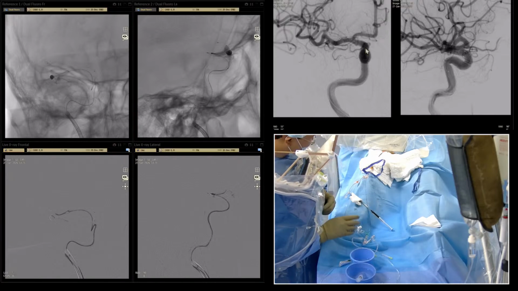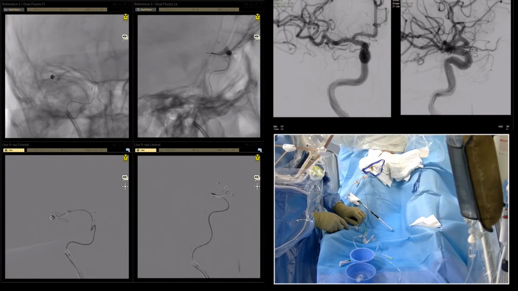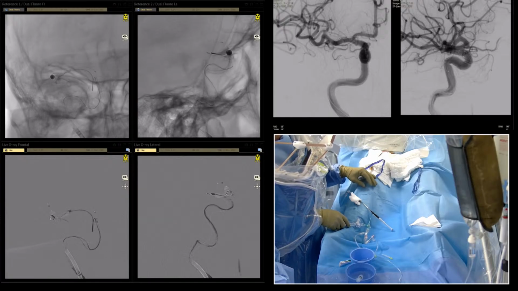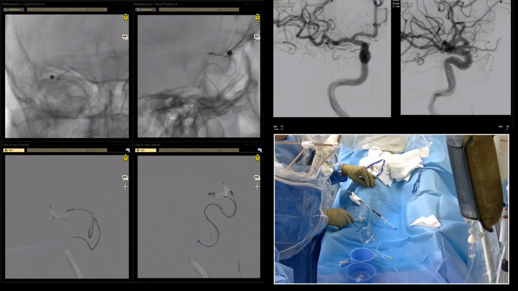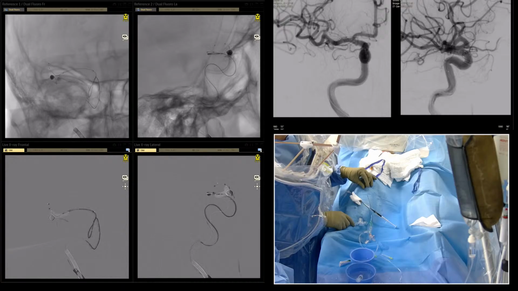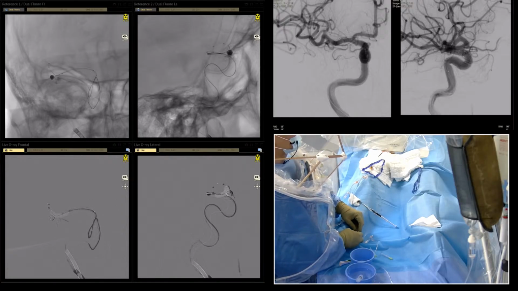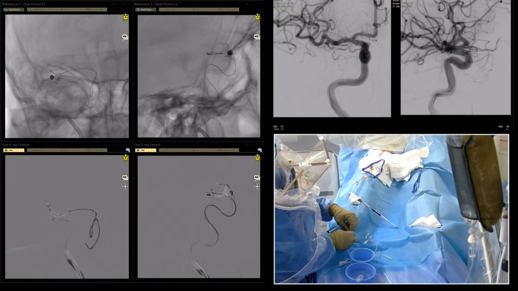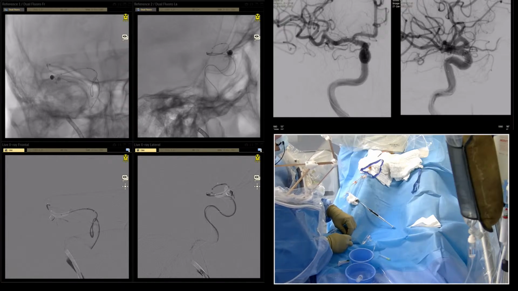Okay. Let's see. Okay, let's deflate it. I'm not sure it could be stable. Okay, I'll press a little bit. Because it was inflated, huh?